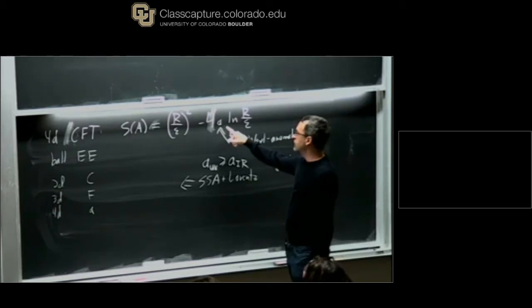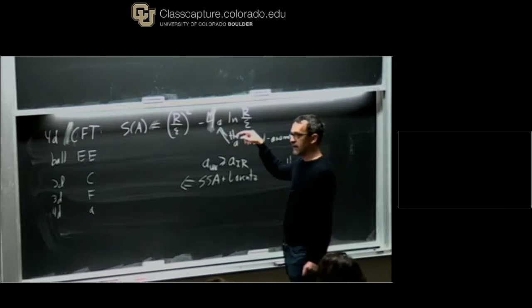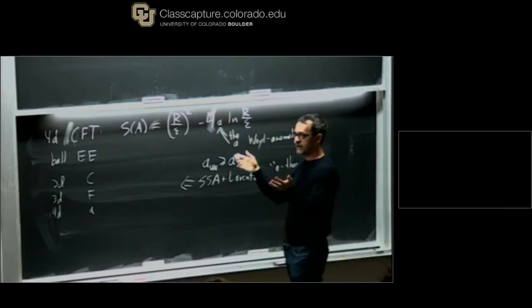If you remember a few days ago, I didn't calculate the 2D version, the c over 3 log L over epsilon, using the sphere. I said I could have done it using the Weyl anomaly. And so again, just from the 4-sphere partition function, you can get this. And it comes from the Weyl anomaly.